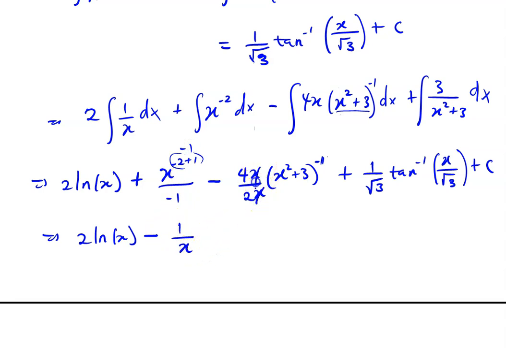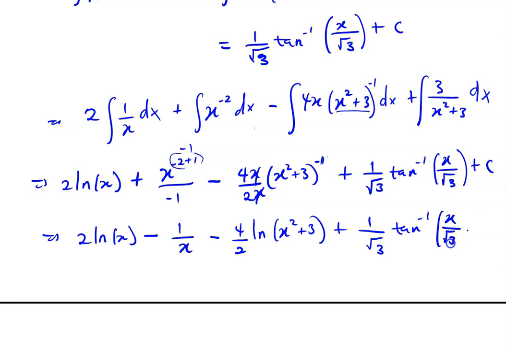Then this cancels this one. So I'm going to get minus 4 on 2 ln x squared plus 3. Then plus 1 on root 3 tan inverse of x on root 3 plus c. Right.